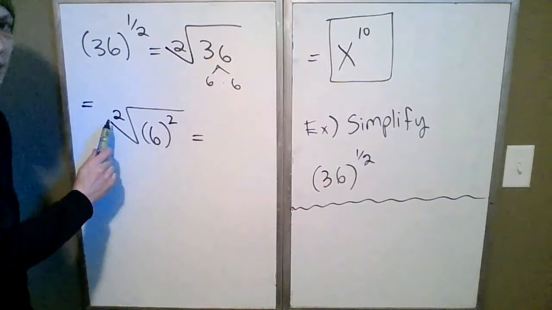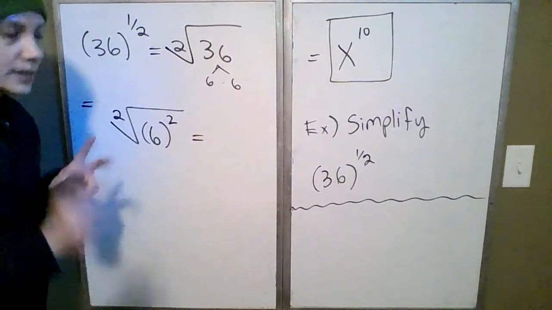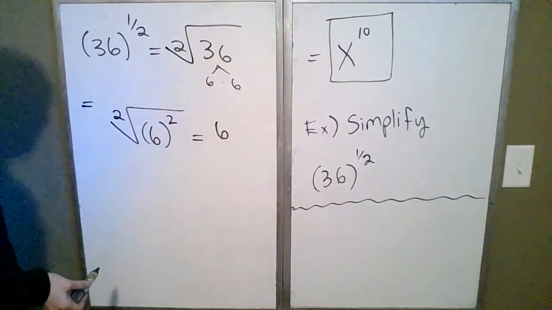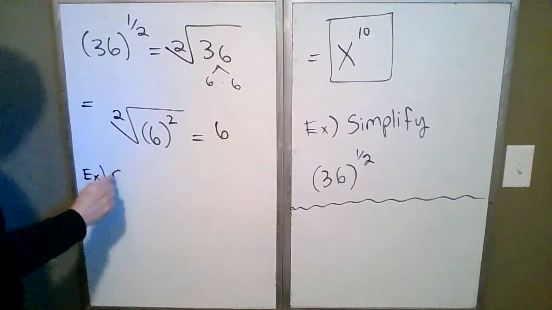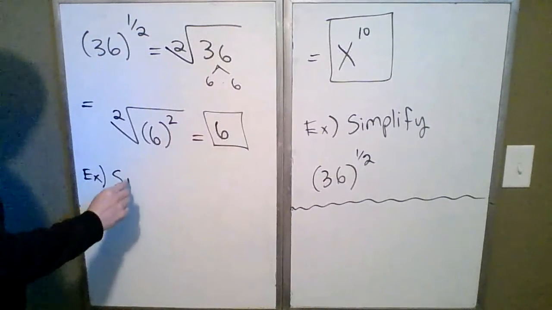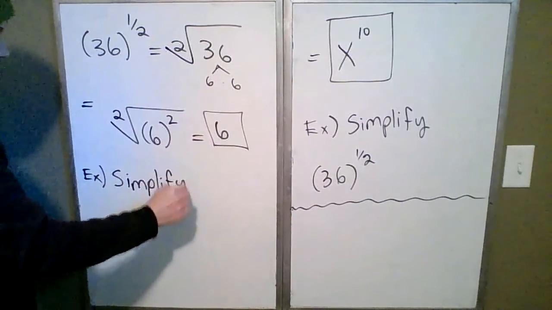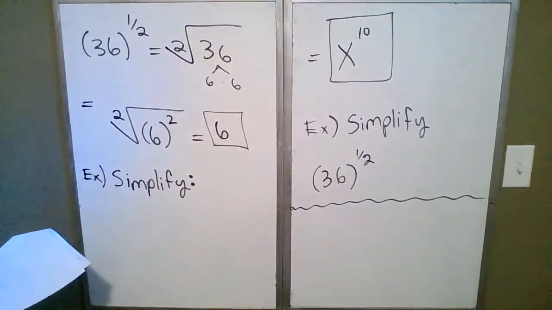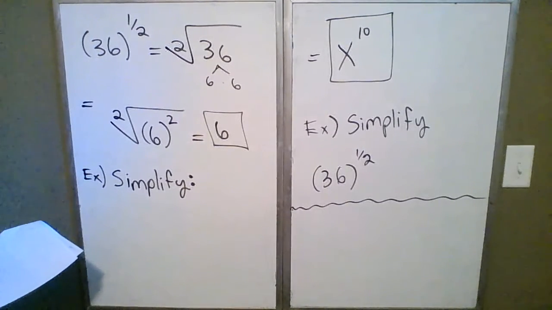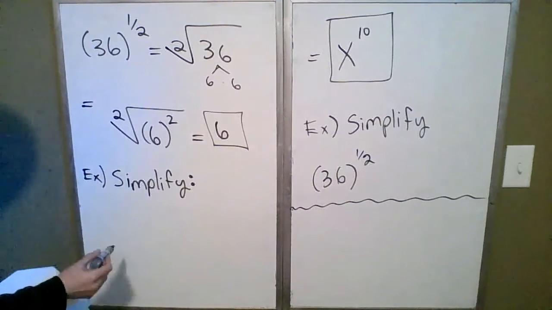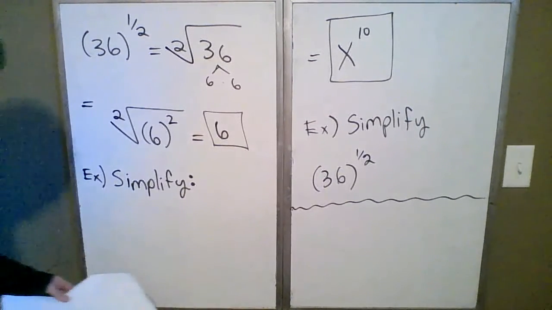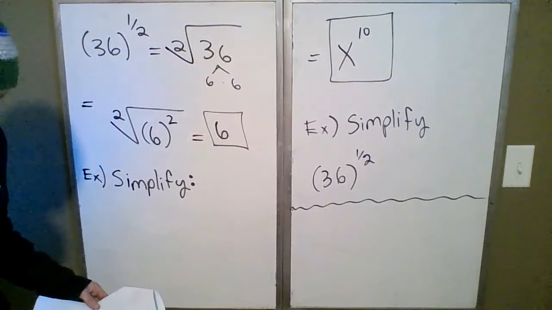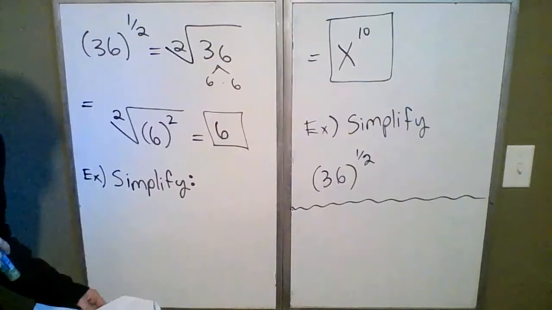So that power and that root will undo each other and leave 6. Let's do 64 with the power of 1/3.